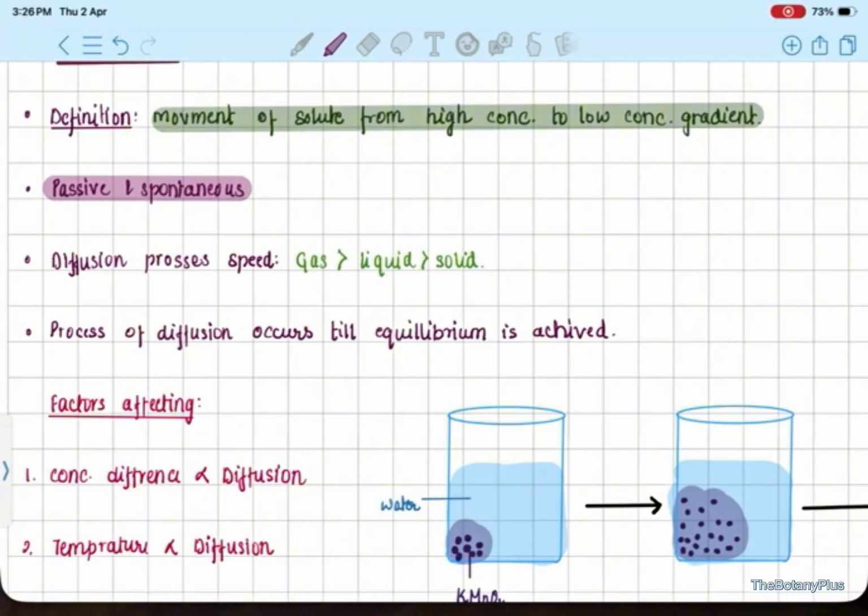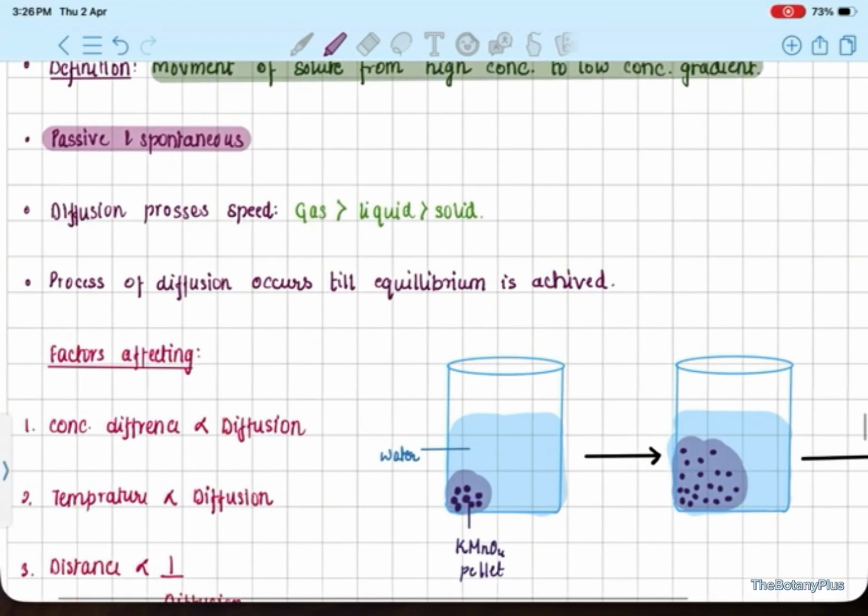So how does diffusion occur in solid, liquid and gases? Maximum diffusion occurs in gases, then comes liquid, and the least is in solids, or we can say very negligible. The diffusion process occurs till equilibrium.